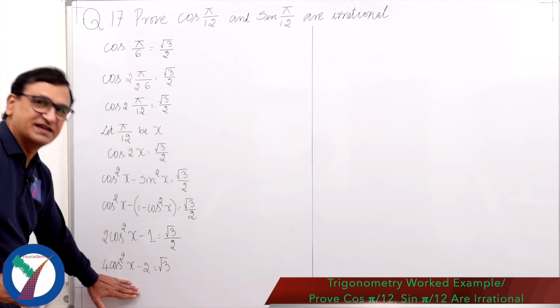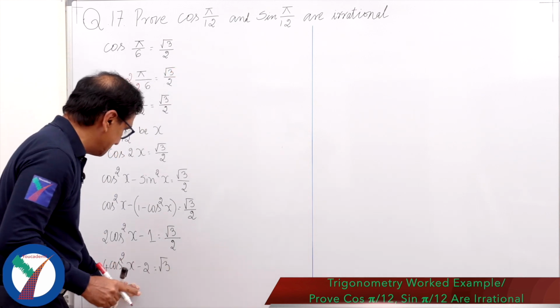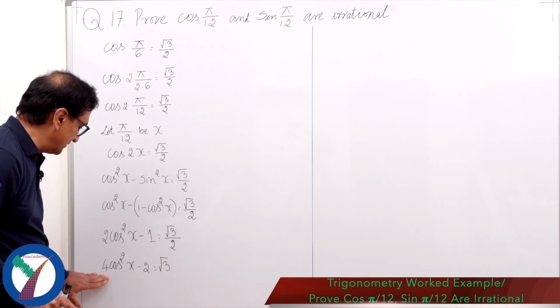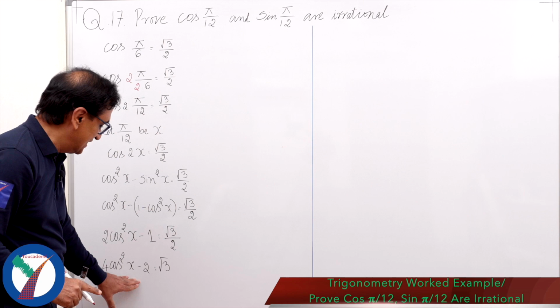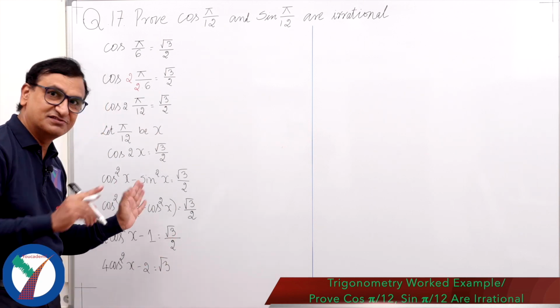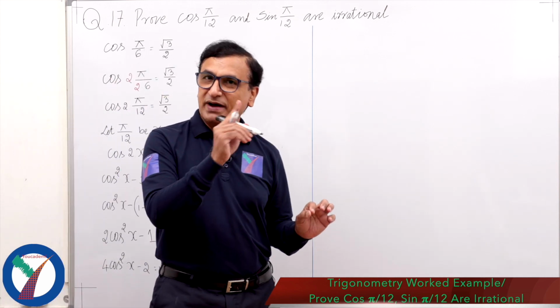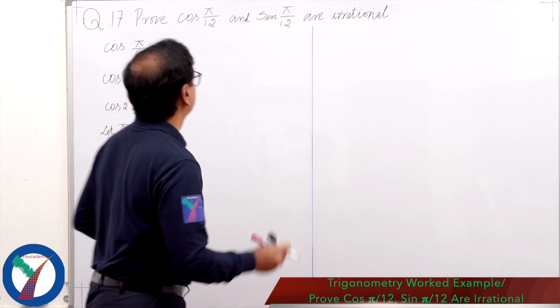Okay, so if I square this, I'll get 16 cos to the power of 4x minus 2 multiplied by 2 multiplied by 4 cos square x, that is 16 cos square x, plus 4 equals 3. So subtract 3 from both sides, you will get 16 cos power 4x minus 16 cos square x plus 1 equals 0.